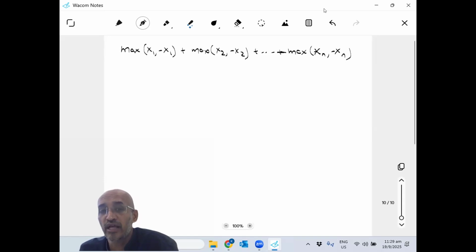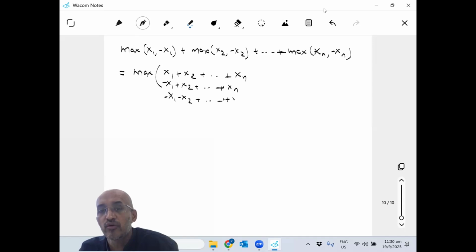What I did in this problem was I created one variable for this, t1, a t2 for this, a tn for this. You can, of course, rewrite this as a big max function of many linear functions. So you can write this as max of x1 plus x2 plus xn, minus x1 plus x2 up to xn, and I can write this minus x1 minus x2 up to xn. I can create many of these linear functions.